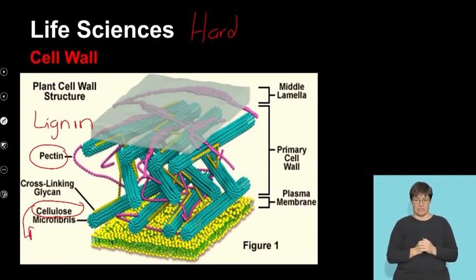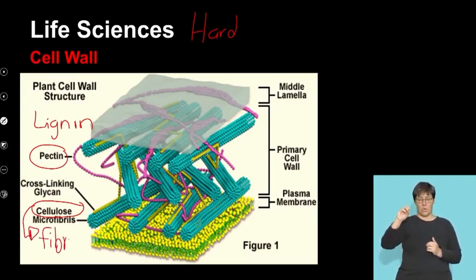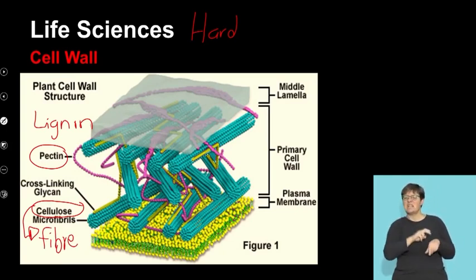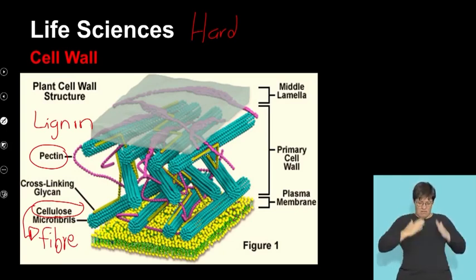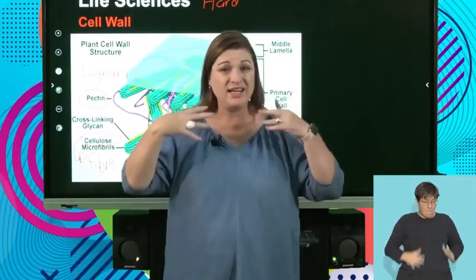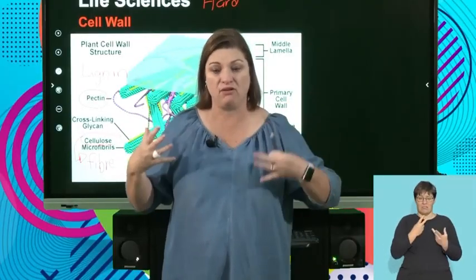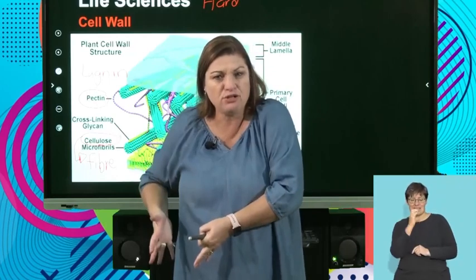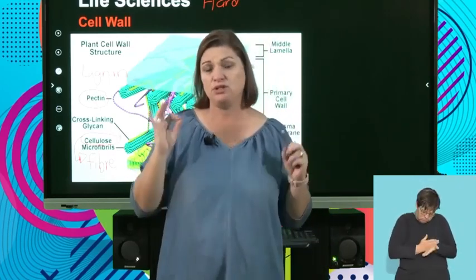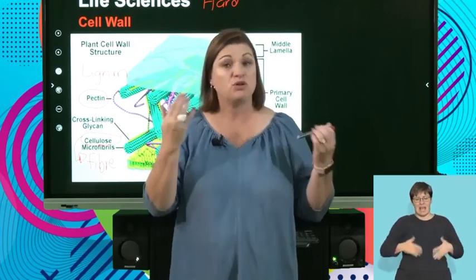Cellulose, guys, when you eat something, we say you need fiber. What is fiber? Our body can't digest cellulose. So when we eat any kind of plant material, cellulose goes through our body and scrapes our body clean. And it's really important to keep us nice and healthy. But we can't digest it. We don't have an enzyme for it.